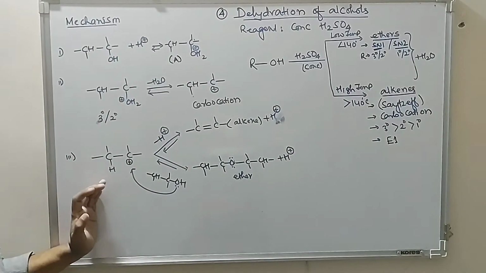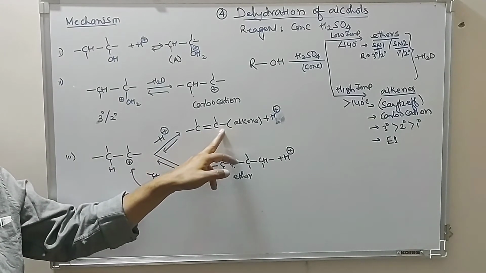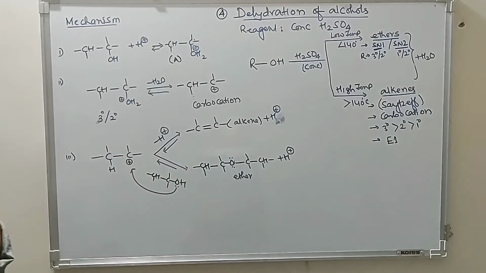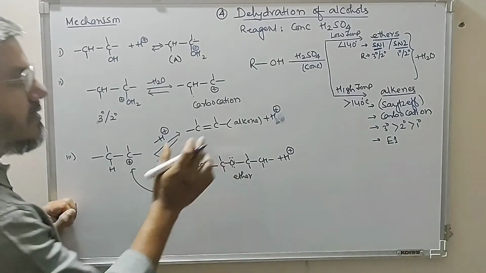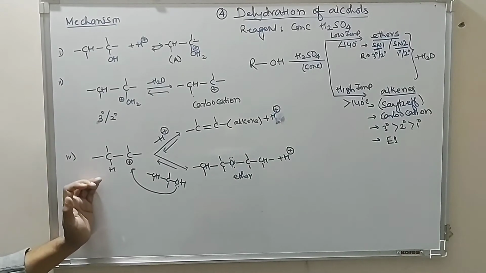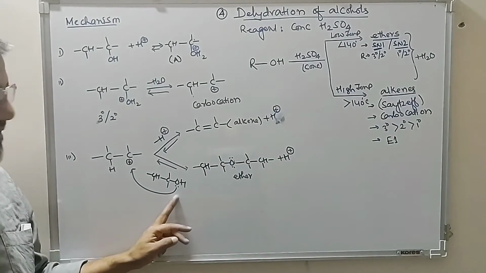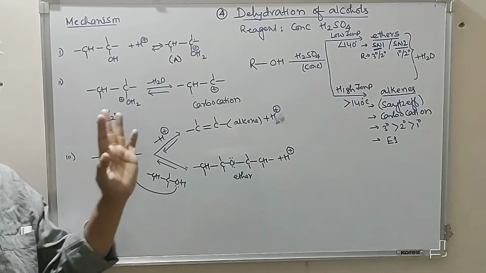So depending on the temperature, this reaction is favored at high temperature, this reaction is favored at low temperature. This is high temperature condition, this is low temperature condition. So look at it. If we have tertiary, then the reaction occurs here by formation of cation, and cation further reacts with alcohol to give you ether compound.